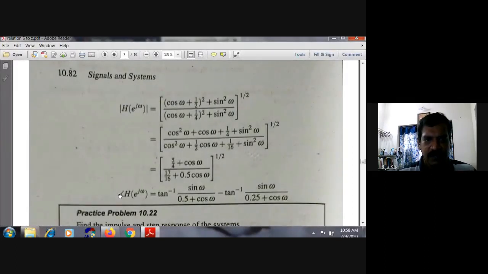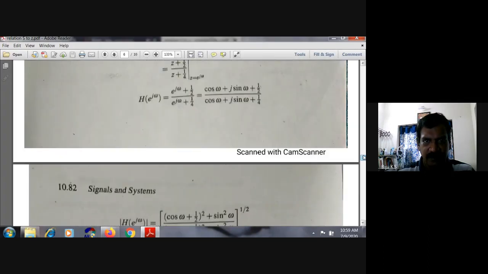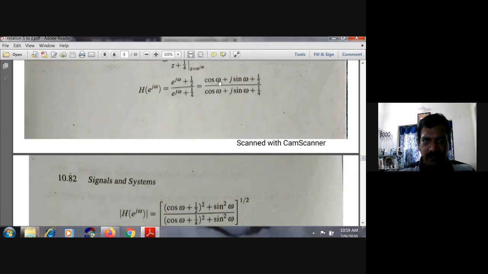Correct. The angle of H of e raised to j omega is tan inverse of the imaginary part by the real part of the numerator, minus tan inverse of the imaginary part by the real part of the denominator. Not from the magnitude expression; we go for the earlier one.